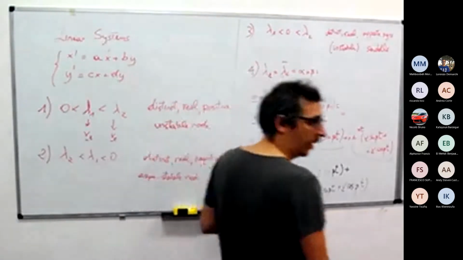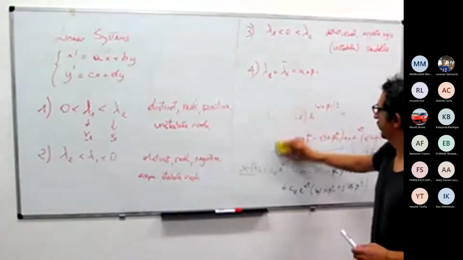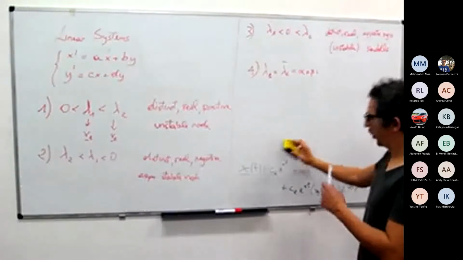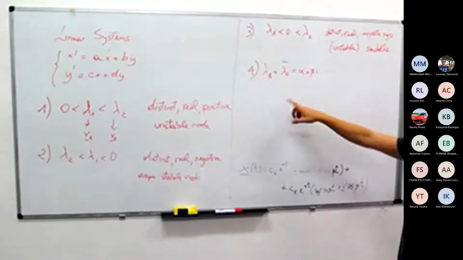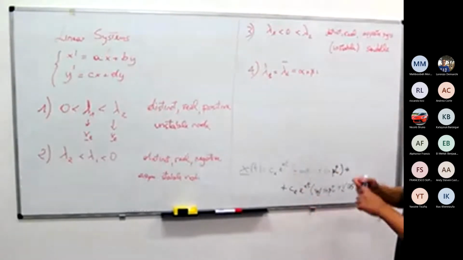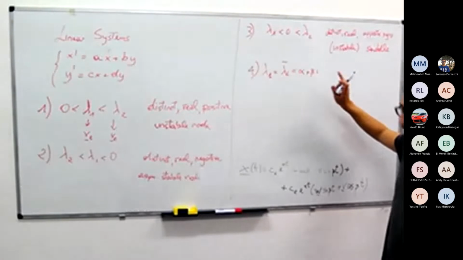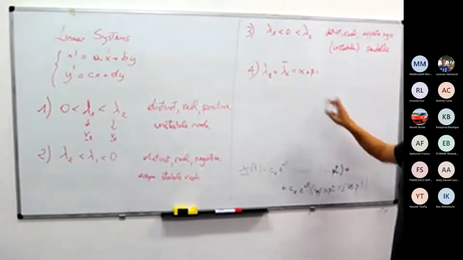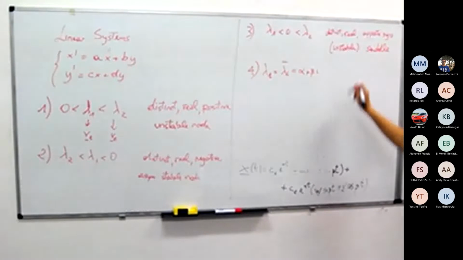So if I ask you, whenever I have complex eigenvalues that are the conjugate one of the other, and alpha is equal to 0, so these are purely complex numbers, they are just the beta i part, what is the nature, what is the type of the critical point?